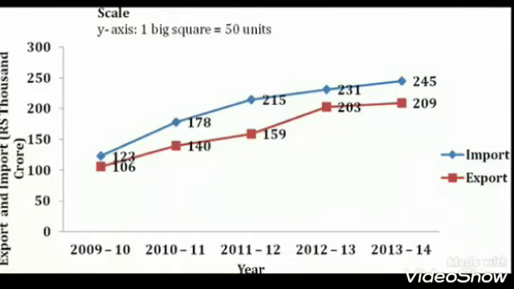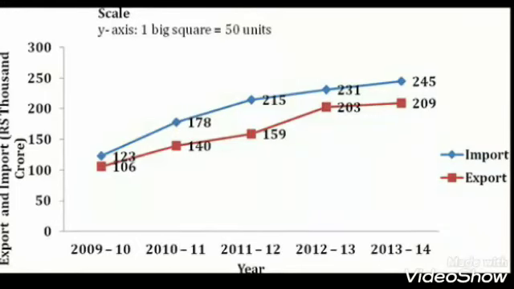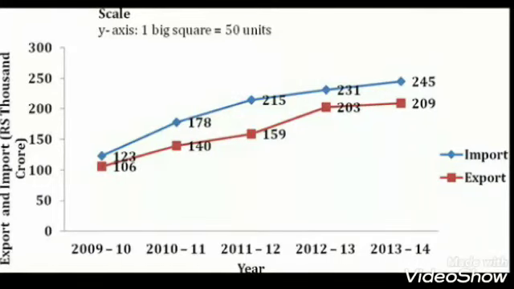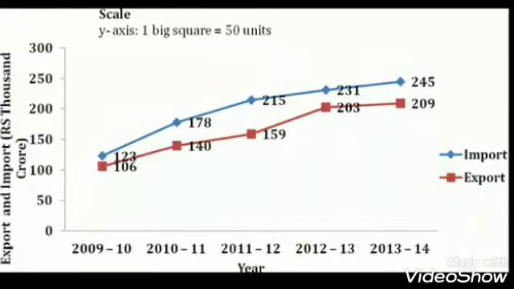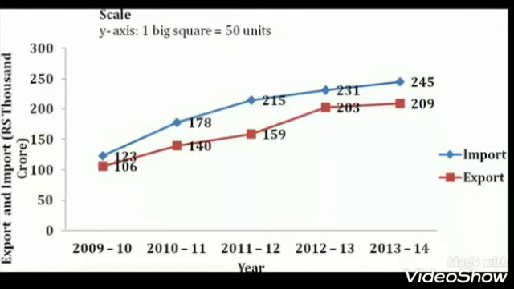Same goes for 2011 and 12, then 2012 and 13, where your export is 203,000 crore and import is 231,000 crore. And in 2013 and 14, again the export has been shown with 209,000 crore and import with 245,000 crores. Then these points are joined together with a different color.